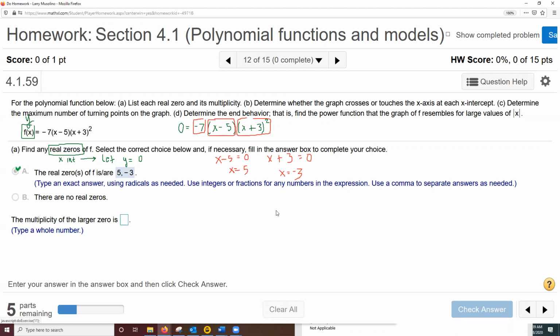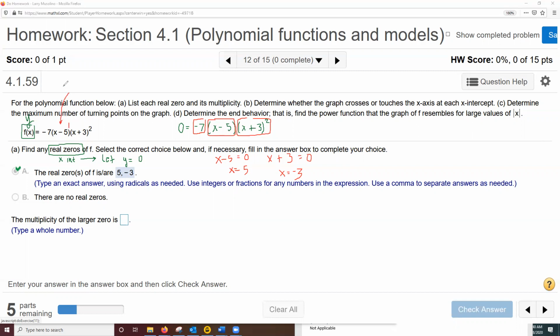Let's go to the next question about multiplicity. Well, remember, multiplicity is how many times does the zero appear in the function? Well, really, you can use the exponents to tell you multiplicity. So if I look at this function, on this parenthesis (x minus 5), I can think of it as exponent 1. So this is going to have a multiplicity of 1.